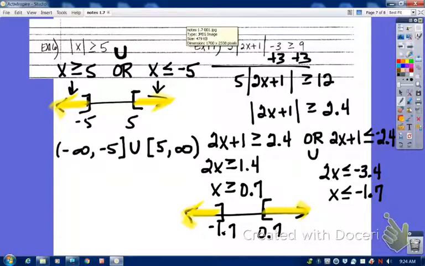You have two separate graphs, so you'll have two separate intervals. The one on the left would be written how? Parentheses, negative infinity, comma, negative 1.7, bracket. Okay, and then you would use a union symbol, and then you would do bracket, 0.7, positive infinity, parentheses.